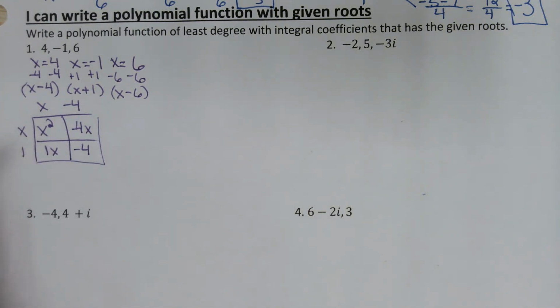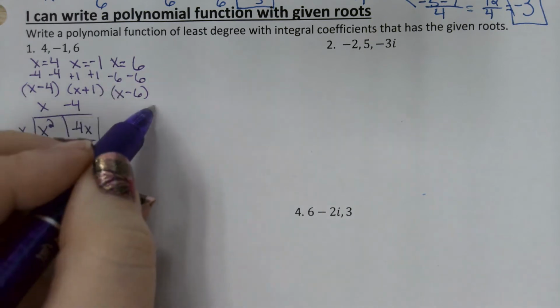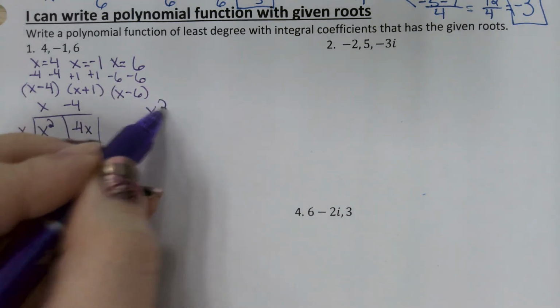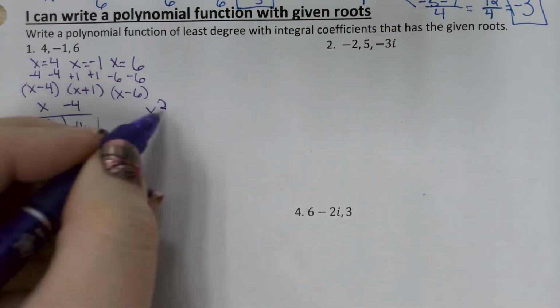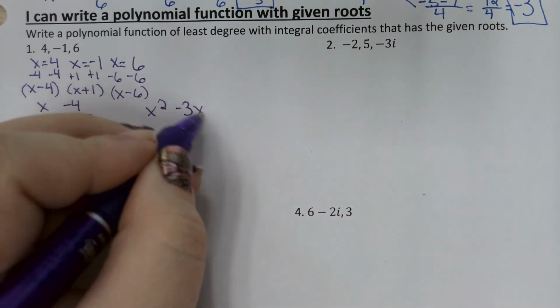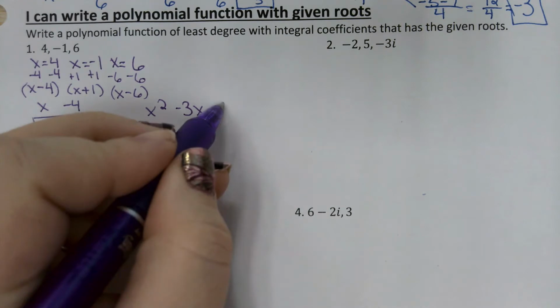Those combined together give me x squared, -4x plus 1x gives me -3x, and then -4.